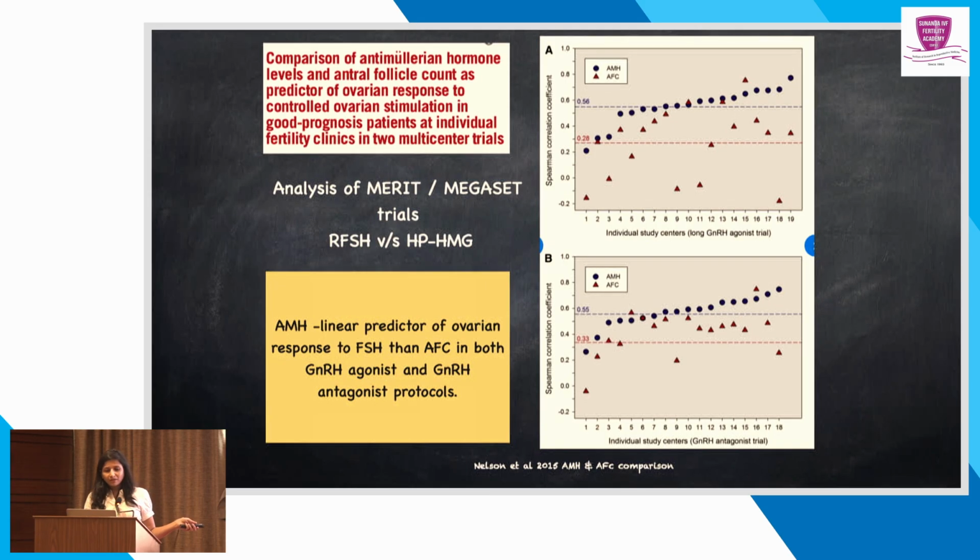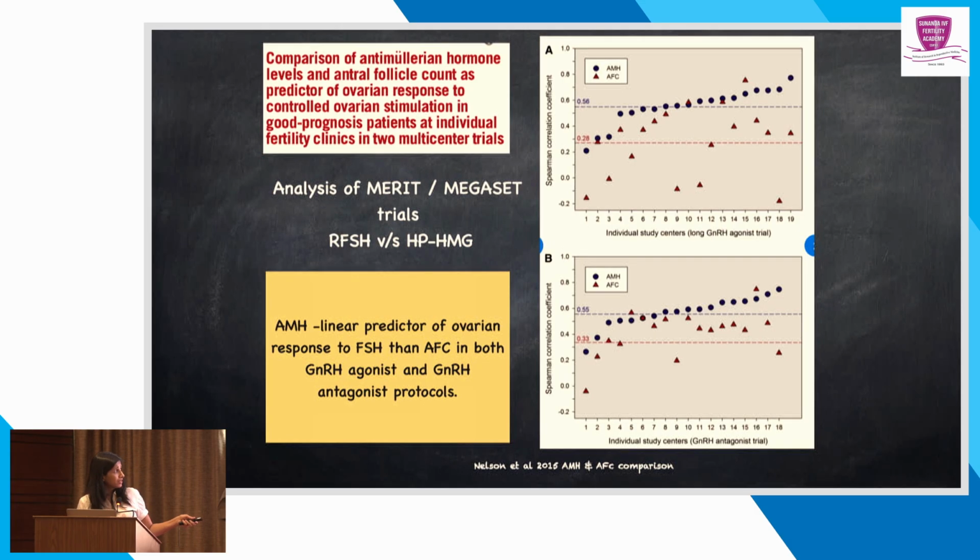So they have done a retrospective analysis of the MEGASET and MERIT trials, which were basically done for RFSH versus HP-HMG, and they found that HP-HMG is better than RFSH. They have taken the AMH and AFC of both the populations who were in this study. In one population they have done an agonist protocol, in the other population an antagonist protocol.